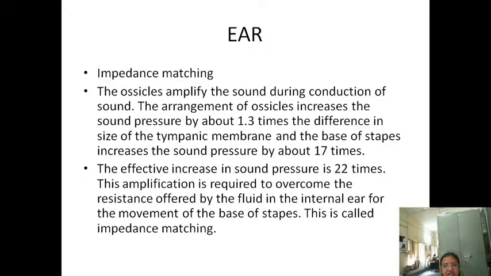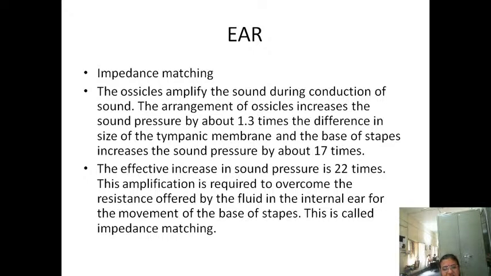The difference in size of the tympanic membrane and the base of the stapes increases sound by about 17 times. 17 multiplied by 1.3 is 22. The effective increase in sound pressure is 22 times.